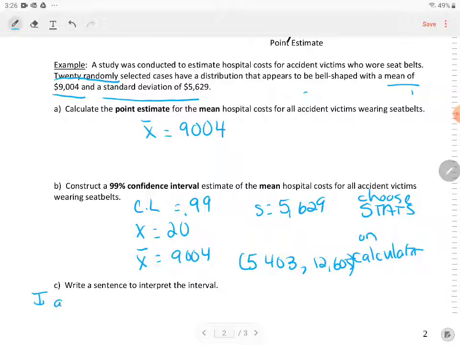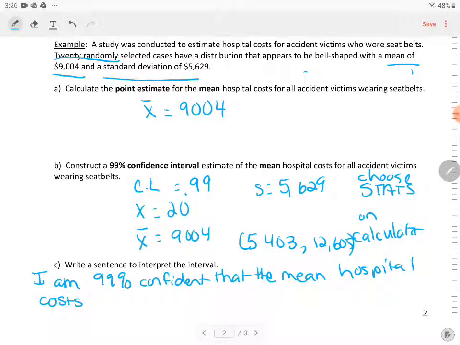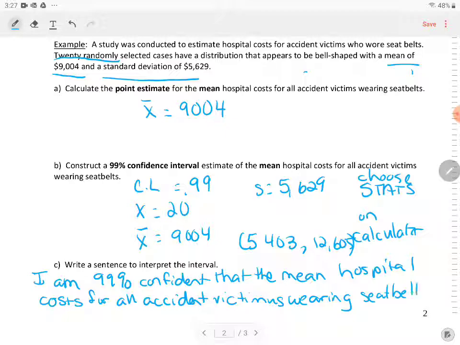So we can say, I am 99% confident that the mean hospital costs for all accident victims wearing seatbelts is between $5,403 and $12,605.